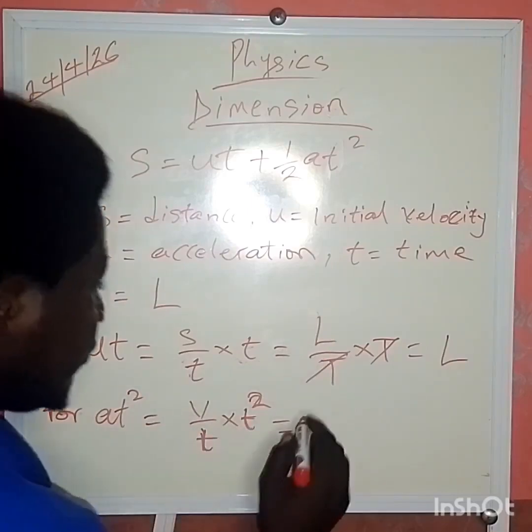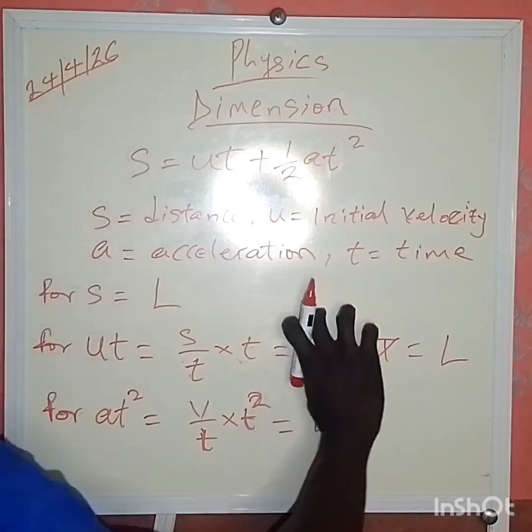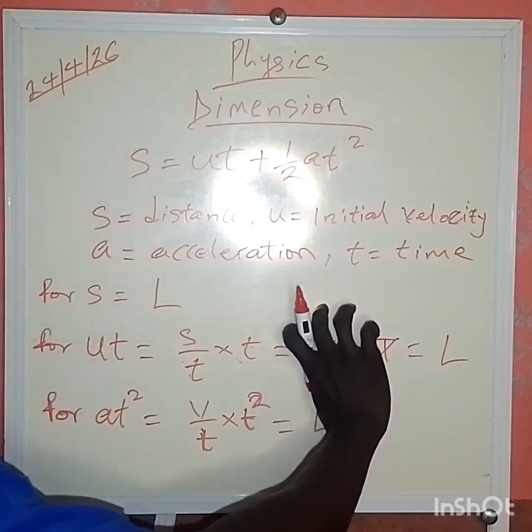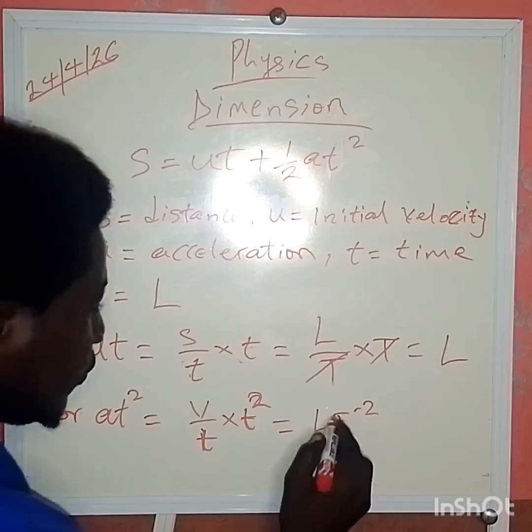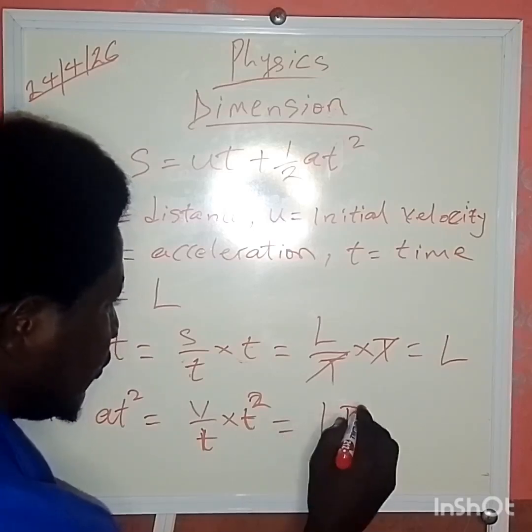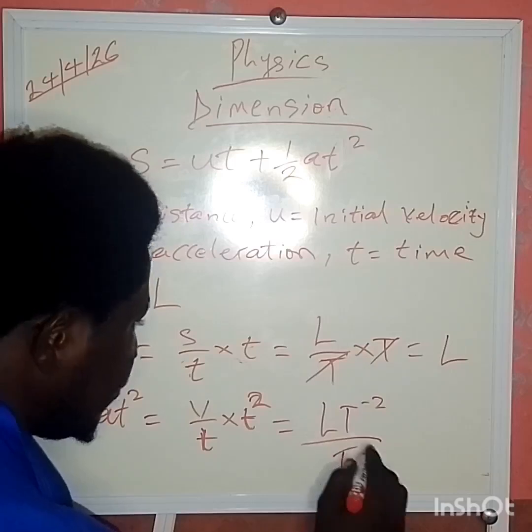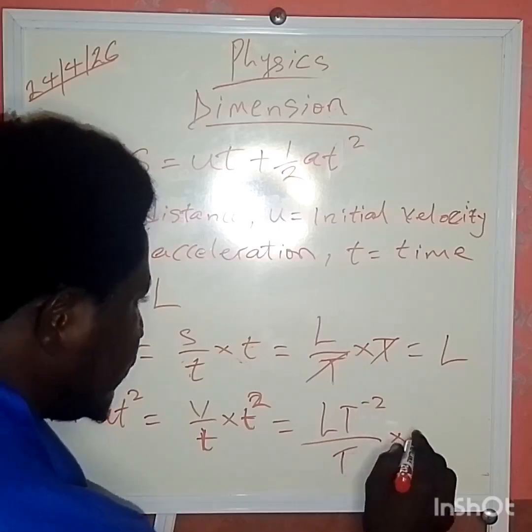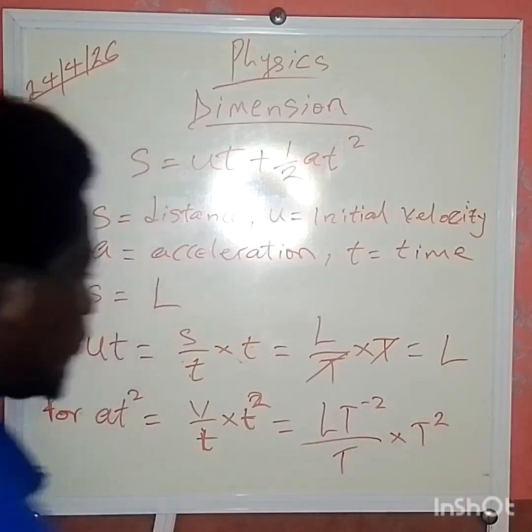So the dimension of acceleration will be LT to the power minus 1 over T, multiplied by T to the power 2.